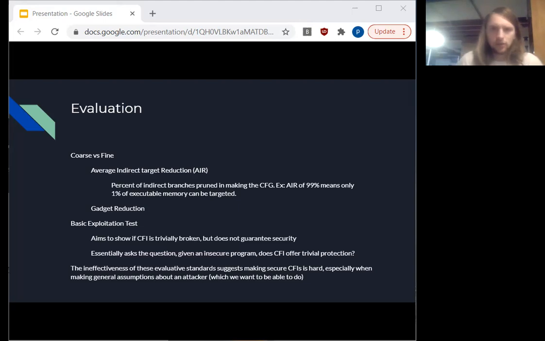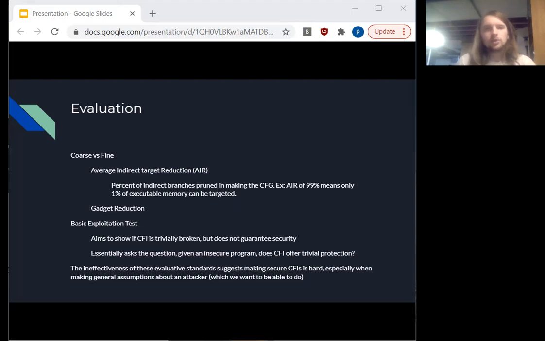Average indirect target reduction, which is essentially the percent of indirect branches that have been pruned in creating this CFG. The higher the percentage, the more branches we have pruned, the finer the CFG we're dealing with.